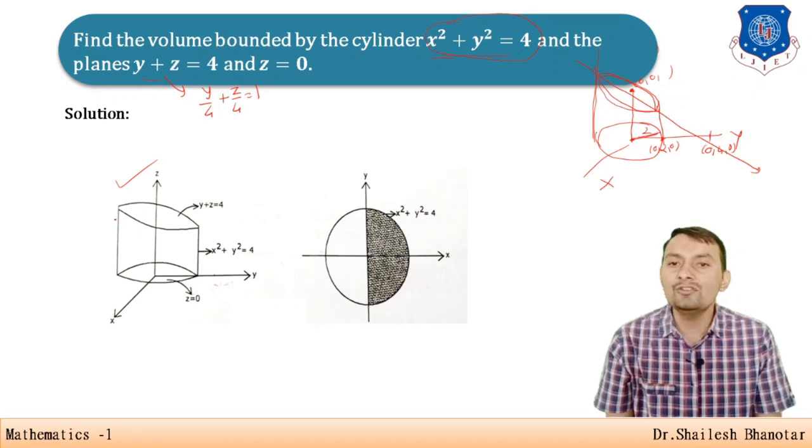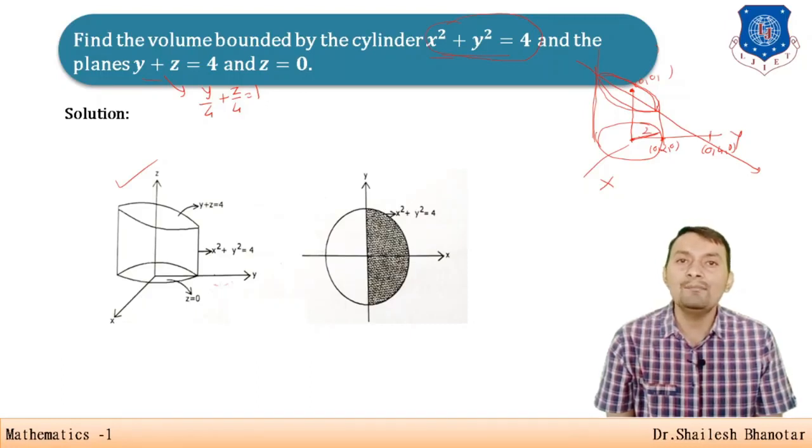So now I want to find the volume of this region, that is a cylinder. So we can assume area multiplied by height. The area is a circle, so you can determine its area. But what is the height? You can observe that the bottom is z equals 0 and the top is the plane.